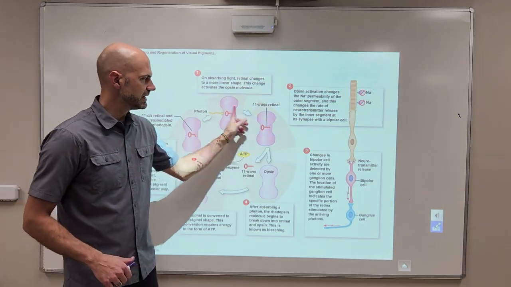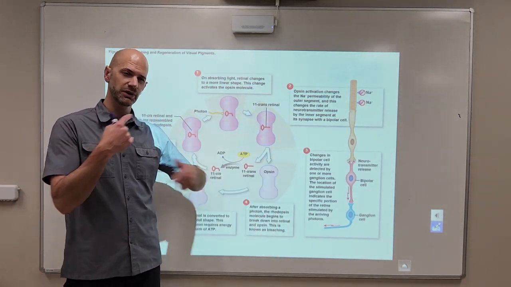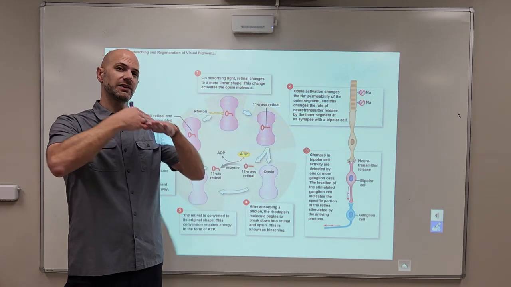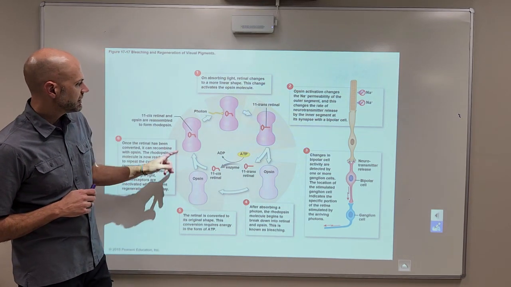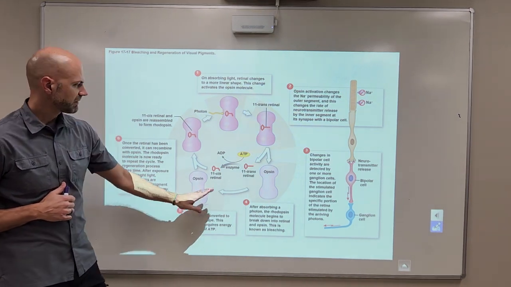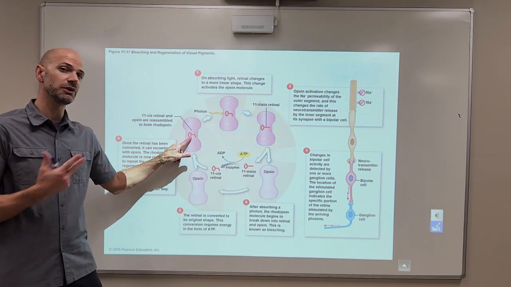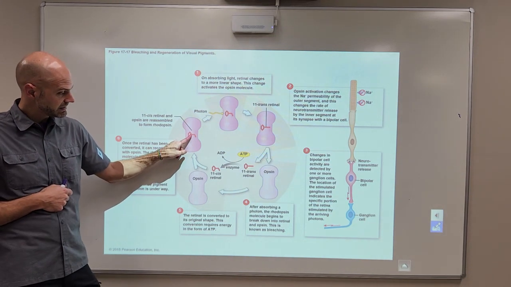So each of these proteins that have retinal in them cycles, because they're going through cycles of being stimulated and then being reset and then re-stimulated. So here we have opsin. We have 11-cis that's inserted into the opsin, becoming rhodopsin. Rhodopsin has the 11-cis inside of it.